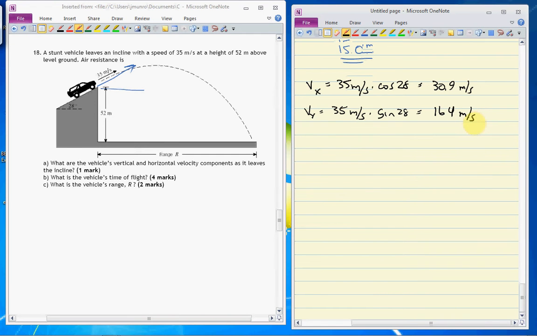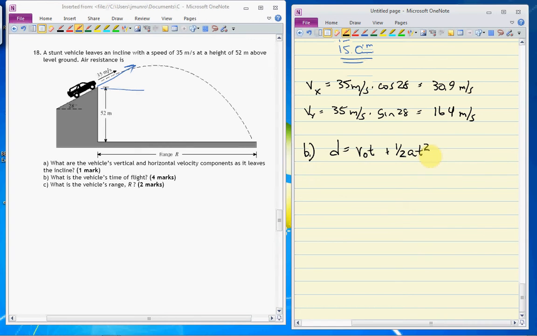Alright, now the next one is quite a bit more challenging, and I normally wouldn't have you do this type of question because it involves a quadratic formula, but let's just go for it and see how we do. We can use this formula: d is equal to v naught t plus 1/2 a t squared.